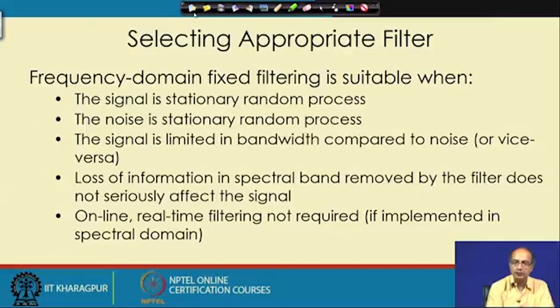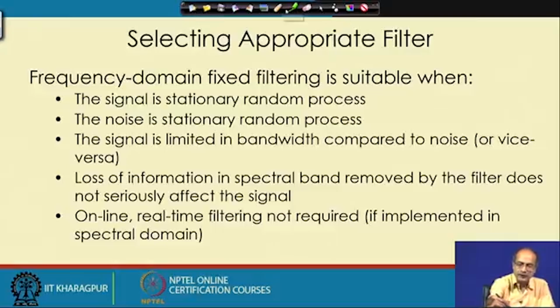Then once you get a block of data, the Fourier transform is applied to get the spectral content, and after removing the noisy component, we have to perform the inverse Fourier transform to get back the signal. As that is a block process, it is not suitable for real time filtering.